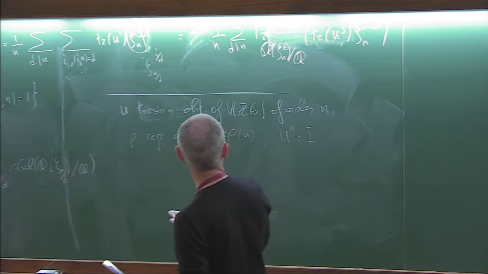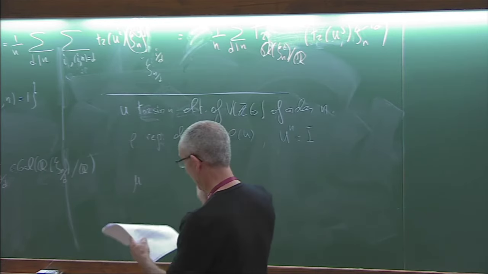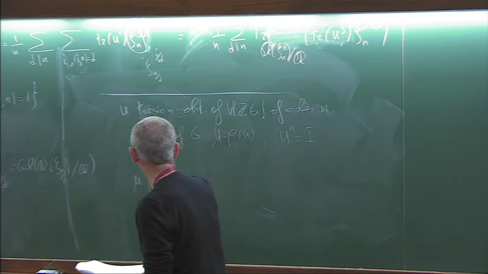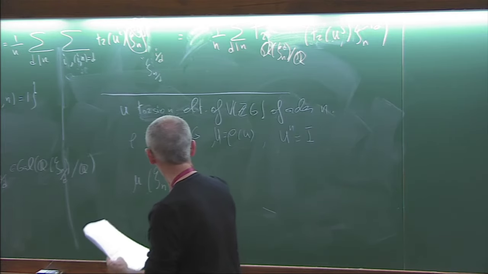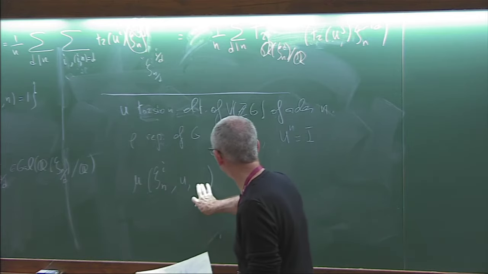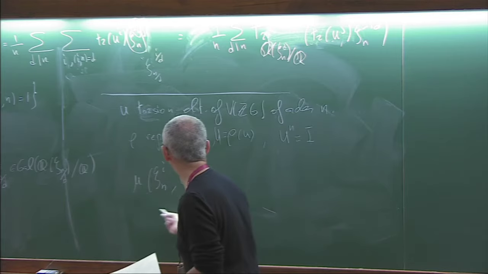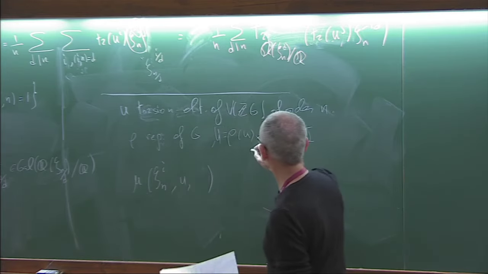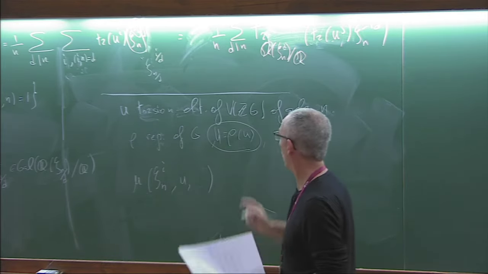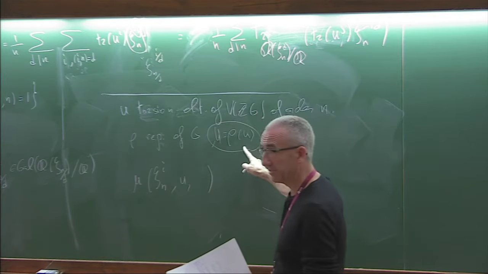So let's denote mu theta n to the I u the multiplicity of theta n to the I as an eigenvalue of this matrix.